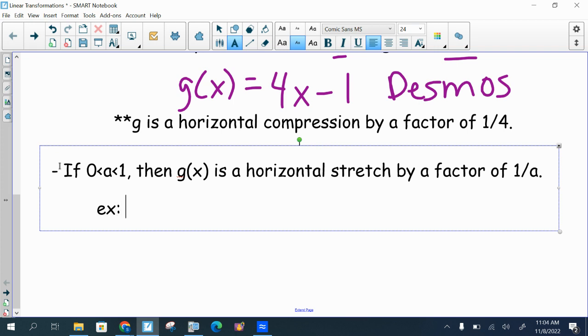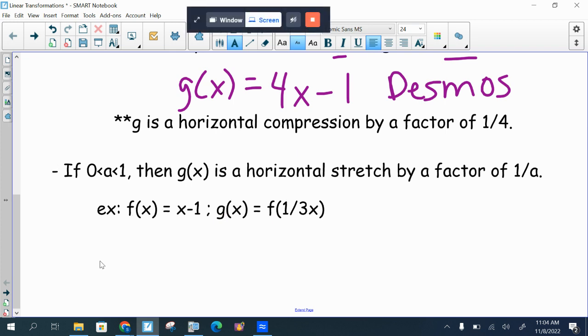So your example for this one, f of x is going to be the same, x minus 1. But g of x is going to be f of 1/3 x. If I write g of x in terms of f of x, what will the new equation look like? Think how we did the other one.